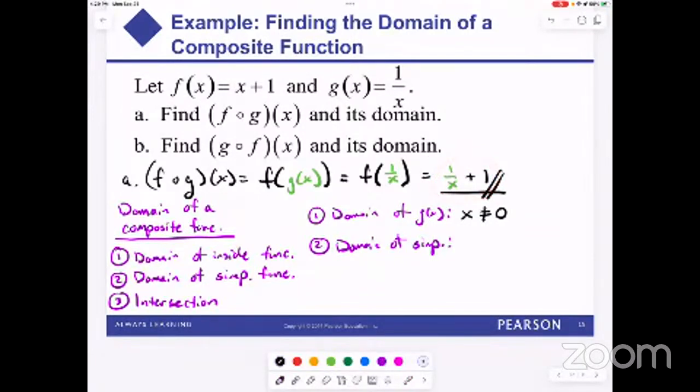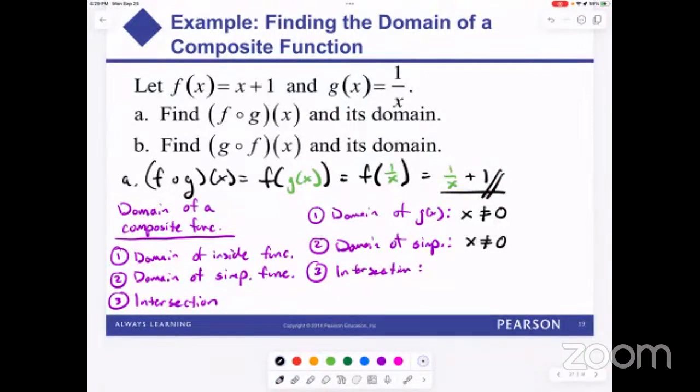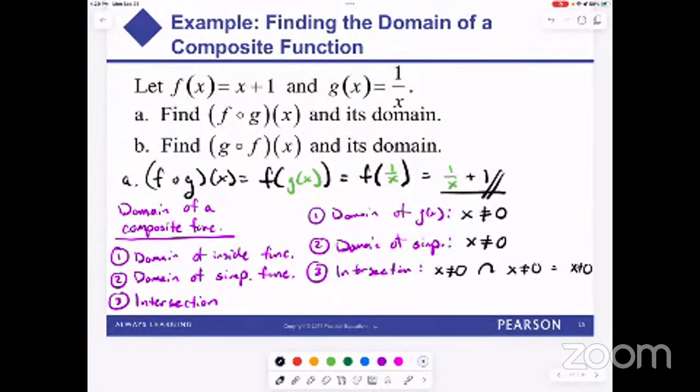And then the third step is take the intersection. A set intersect itself is itself. So everything except 0, intersection, everything except 0 equals everything except 0. If we were looking at that graph, say this was our 0, we'd want everything to the left of 0.